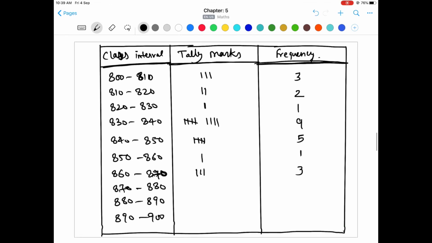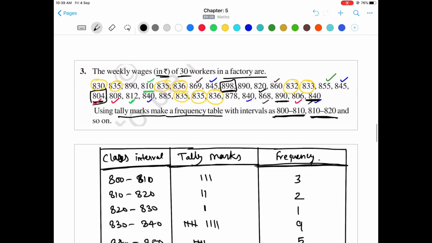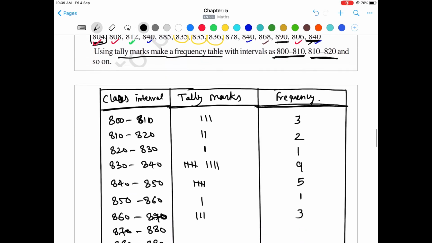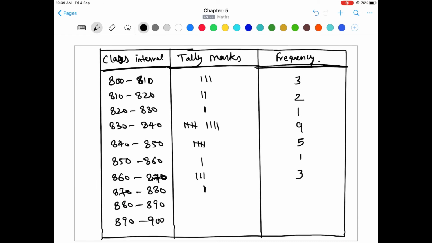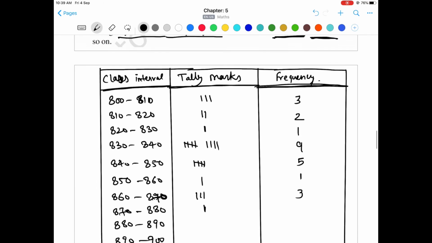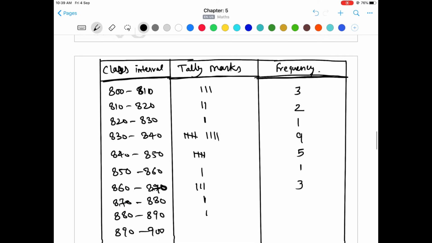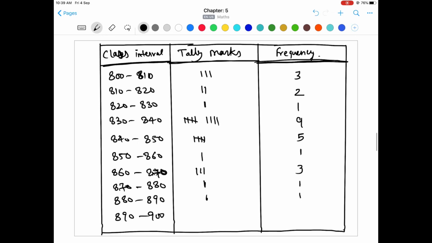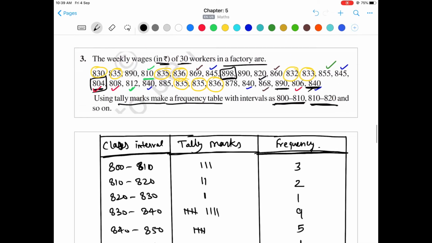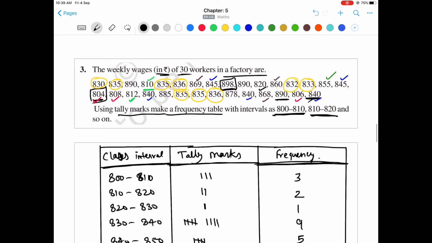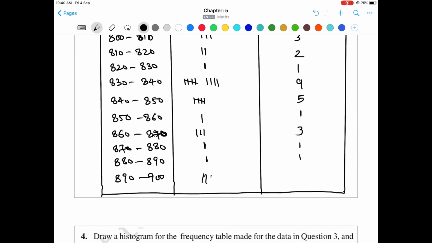Now 870 to 880 is also 1, and we have 880 to 890 also 1, and 890 to 900 is 3. Okay, the last one is 1, 2 and 3.